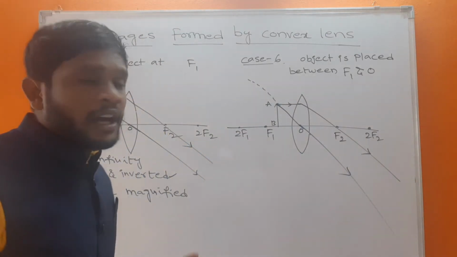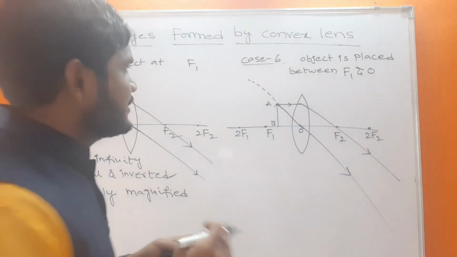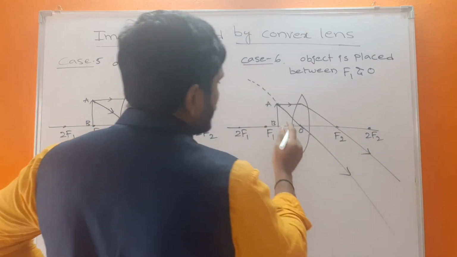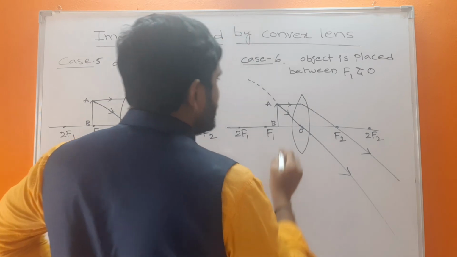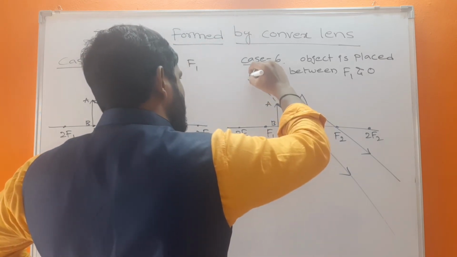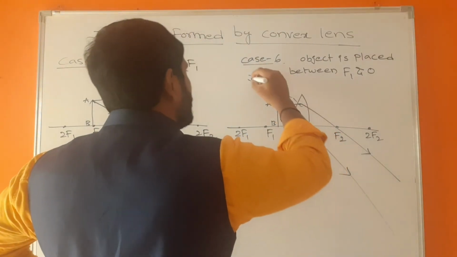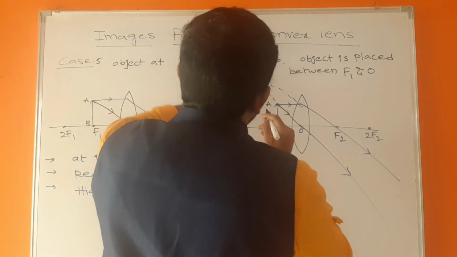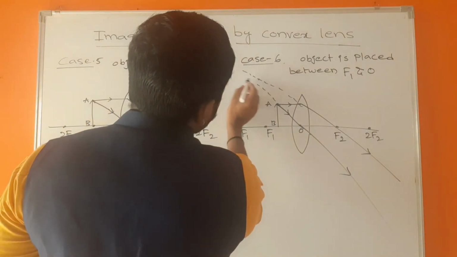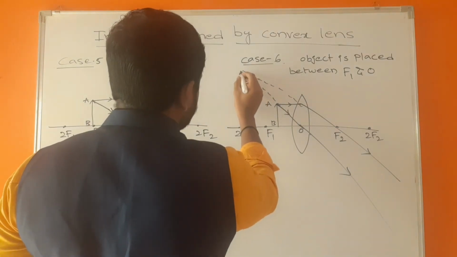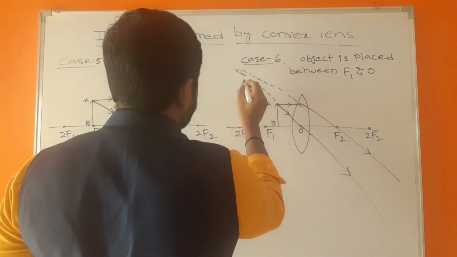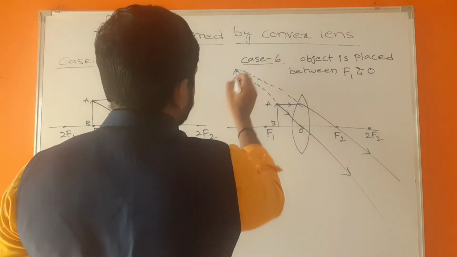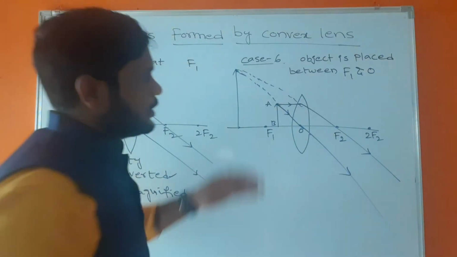So then how is the image going to be formed? That is the point. So if you extend the two refracted rays, they meet behind the lens.